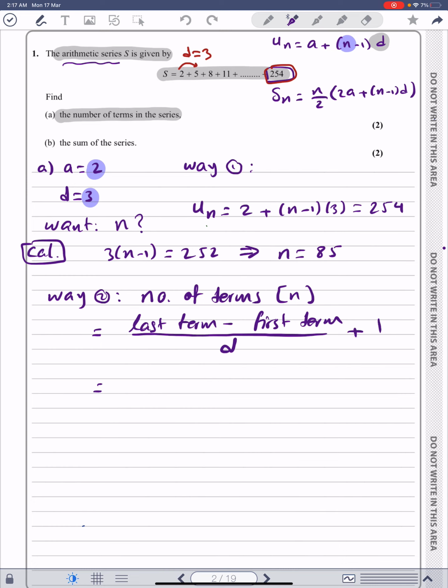So we may find n using the last term, which is 254 in this question, minus the first term, which is 2, divided by d, which is 3, plus 1. 252 divided by 3 is 84, plus 1 is 85.